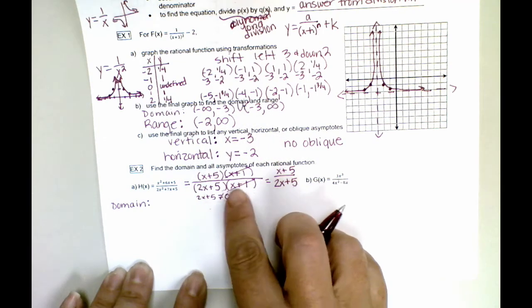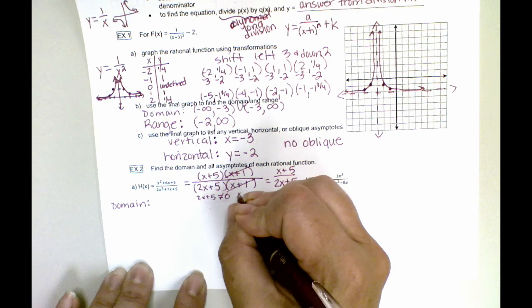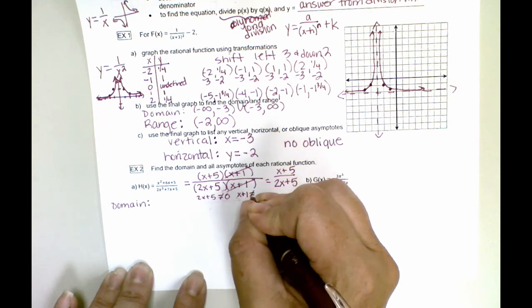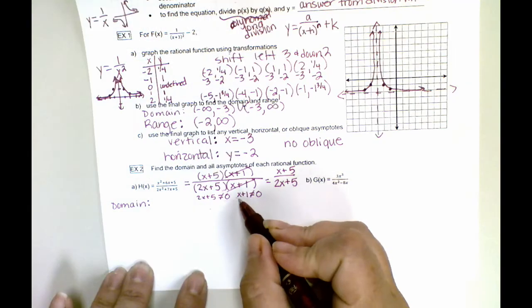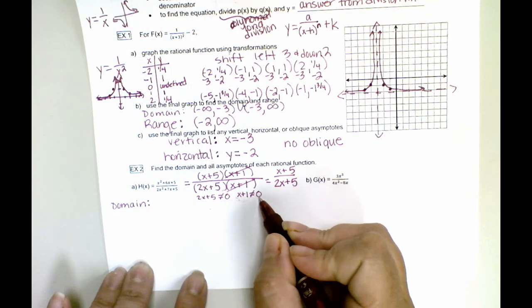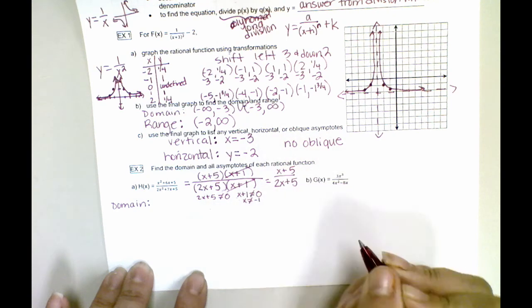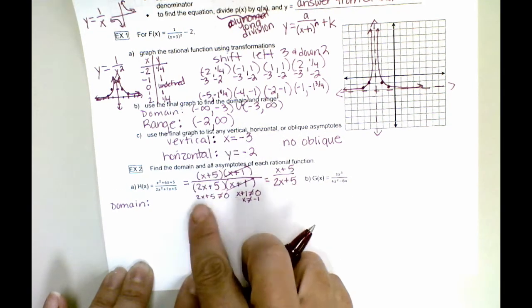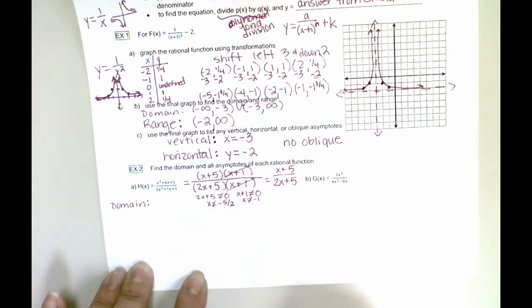I also know, even though it cancels in the final answer, it's still part of the function. x plus 1 can't equal 0 either. So if I solve each of these, x can't be negative 1. And this, subtract 5, divide by 2, x can't be negative 5 halves.